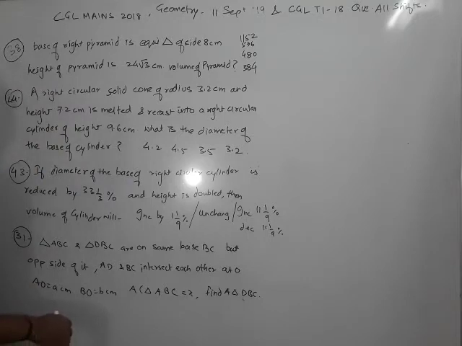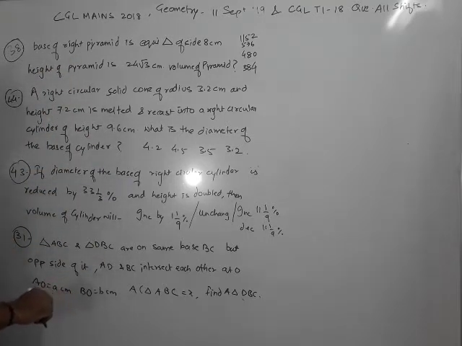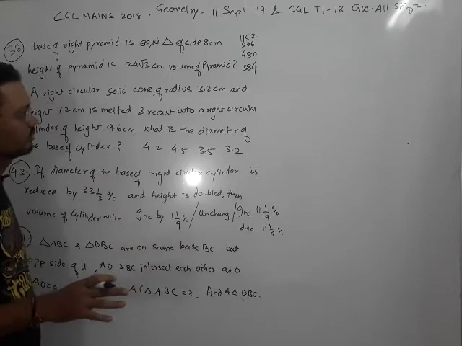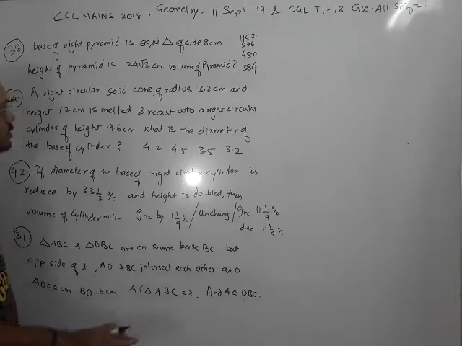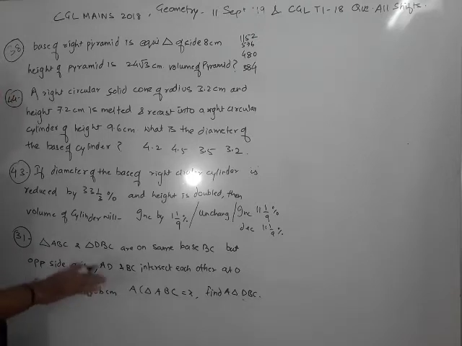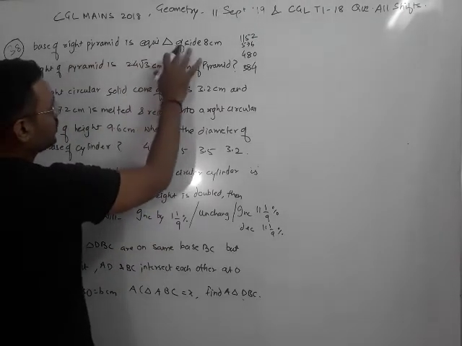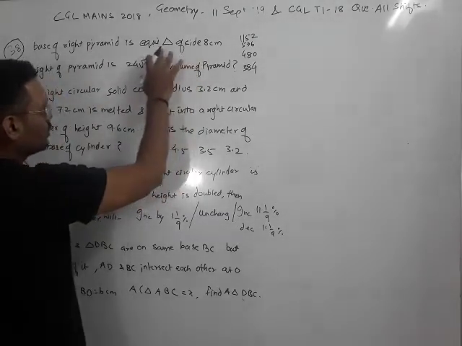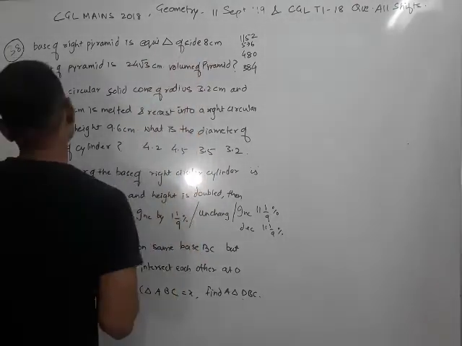Okay, question number 38. Base of a right pyramid. Right pyramid means a regular pyramid, which means from all sides ratios and everything is measured and it's in ratio. The base of the right pyramid is an equilateral triangle of side 8 centimeter.